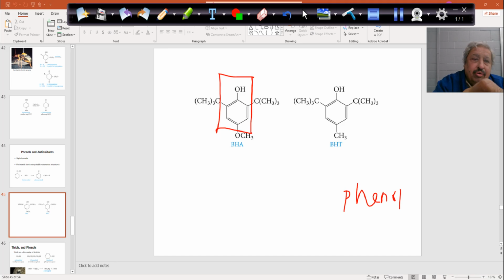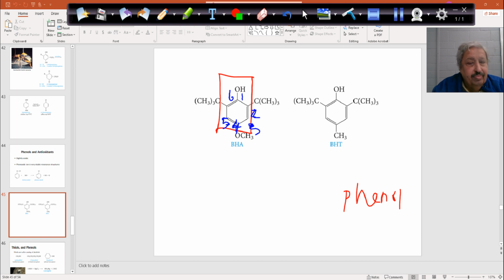So now we'll start by numbering. This is number 1. Either direction works, because those are tertiary butyl groups. 2, 3, 4, 5, and 6. This is 5 here. This is 4. This is 3. This is 2.